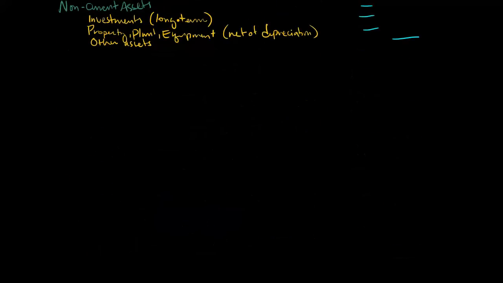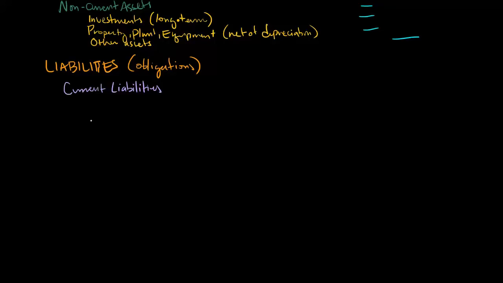Okay. Next section that we have will be our liabilities. Okay, so liabilities are obligations that we have to other parties. Just like with the assets, we're going to classify these into current liabilities and long-term liabilities. So our current liabilities would include accounts like accounts payable is the most popular one. So this is money that we owe to suppliers.